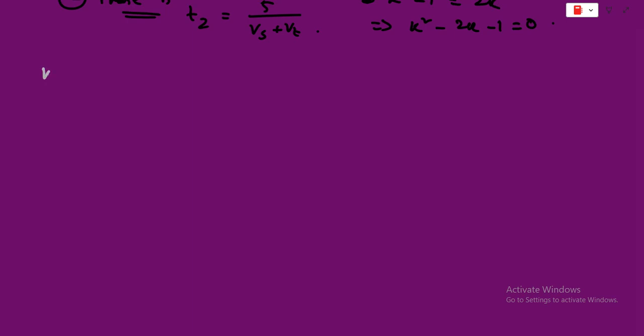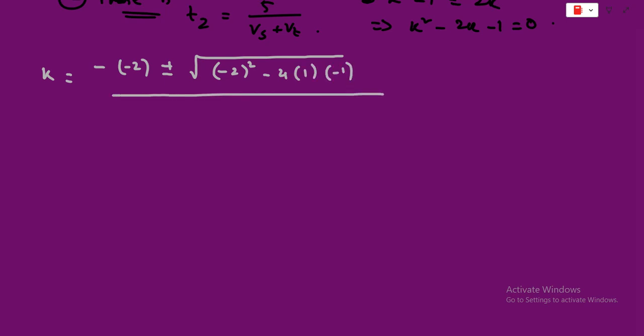So K will be minus of minus 2 plus minus root over minus 2 whole square minus 4 into 1 into minus 1, by 2 into 1. So this will be equal to 2 plus minus root 8 by 2, that is 1 plus minus root 2, right?